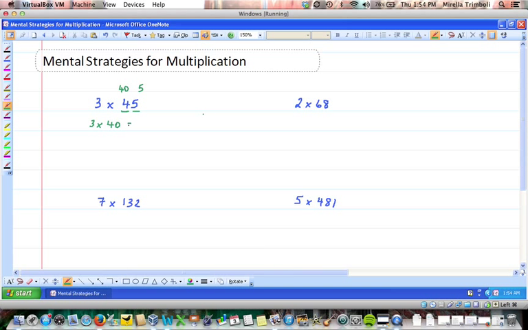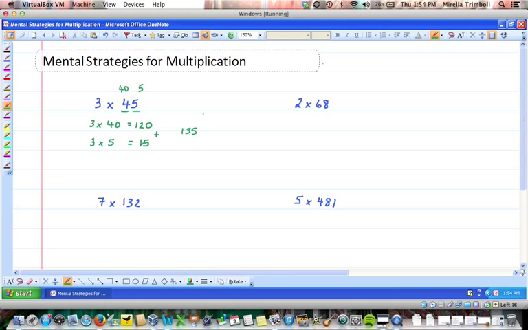So really we're thinking 3 times 4 is 12 and adding the 0, and 3 times 5, which is 15, and then we are adding those together so that we end up with 135. The addition is made easier because we'll have quite a few zeros to look at.